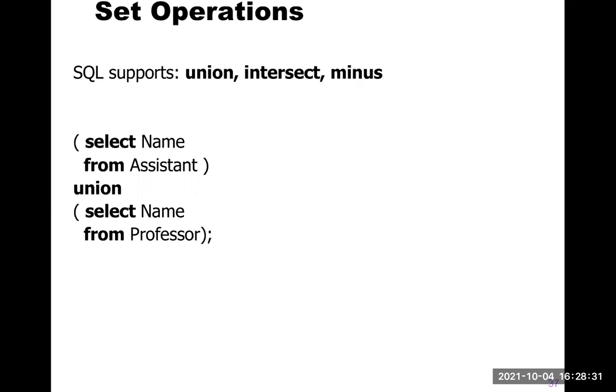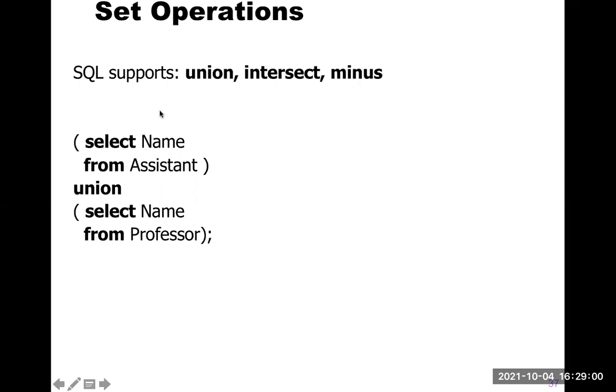As for set operations, we use the keywords union, intersect, and minus, and then we need to build a logical table. The result of a selection is a table, a relation, and then let's say we union it with another table of the same structure, or find an intersection, or find all the records from the first table with the exception of the second, that's minus.